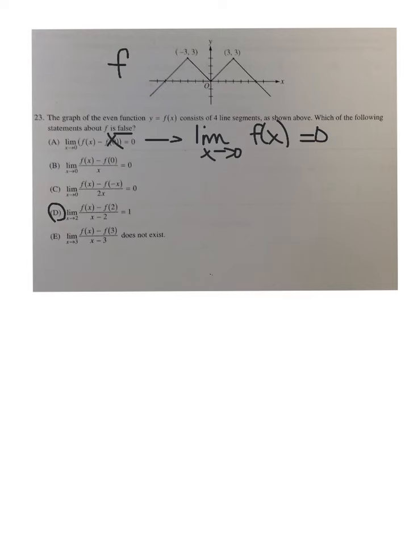All right. Then we get to choice D. This is the definition of a derivative, just like choice B is. But this is saying the derivative at x equals 2. So let's look at the derivative at x equals 2. Well, this is the function, so the derivative would be the slope. And if you look at the slope at x equals 2, it would be 1.